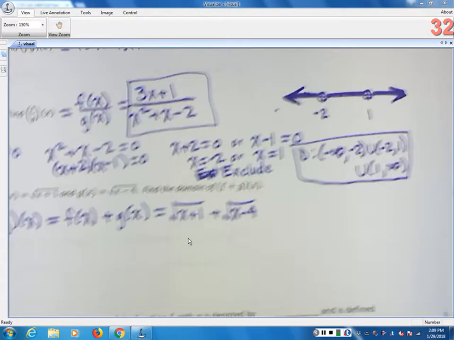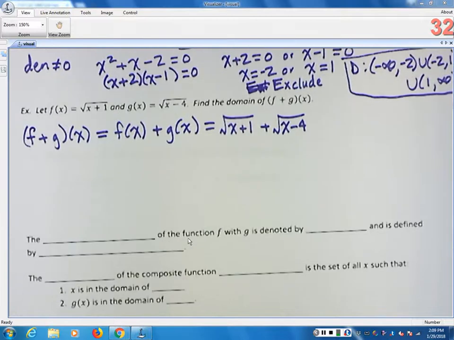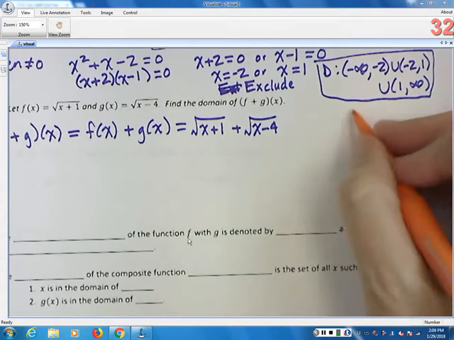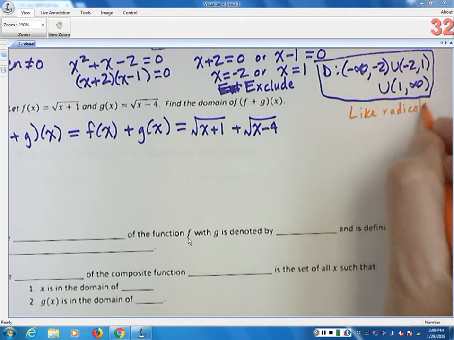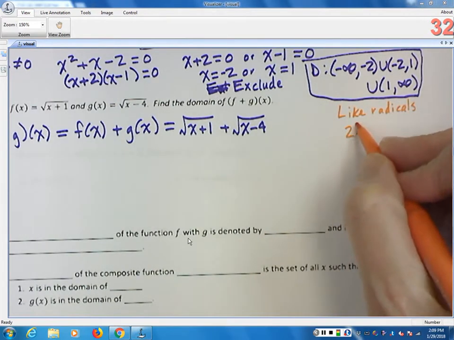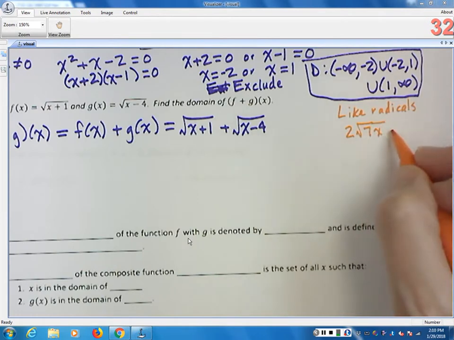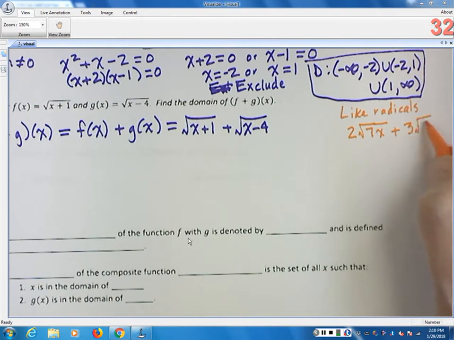Now, we can't combine these. Just a reminder about like radicals. If you had 2 square root of 7x plus 3 square root of 7x, then you have like radicals.